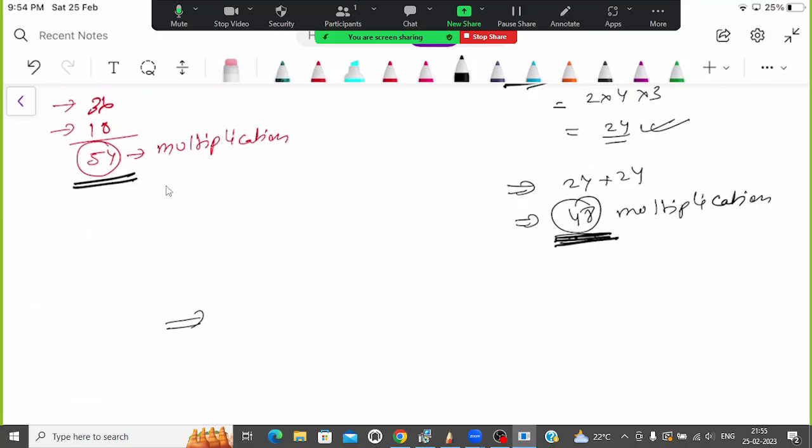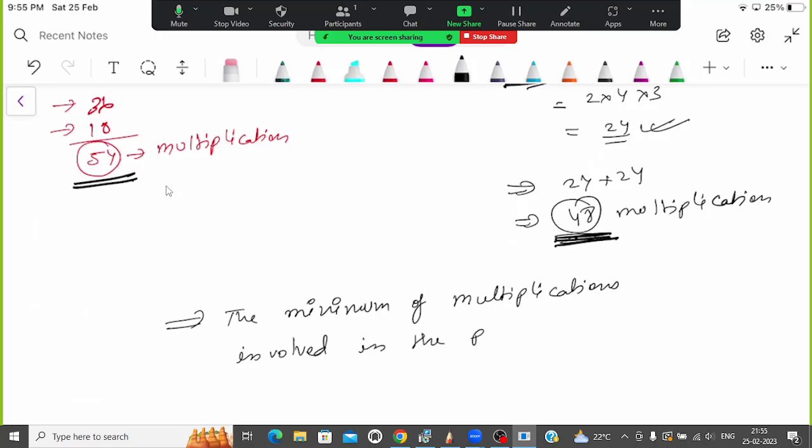So you can write the minimum number of multiplication involved in the product ABC is 48.